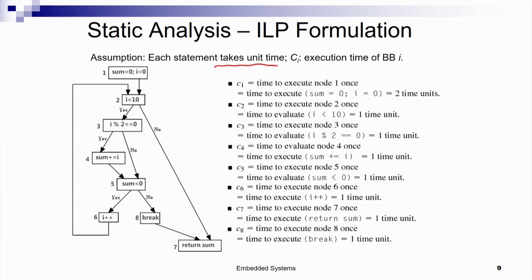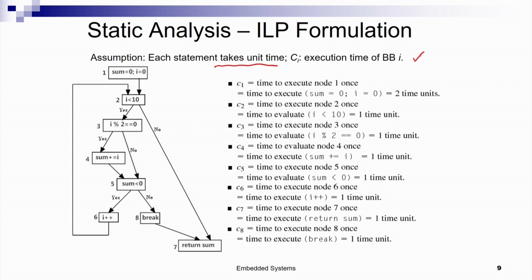Although this assumption may not be very accurately true, for our purposes, when we are estimating big computation times, each statement taking 1 unit of time is a reasonable estimate. So, we will assume that each instruction or each statement in the program takes 1 unit of time, and let Ci be the execution time of each basic block.